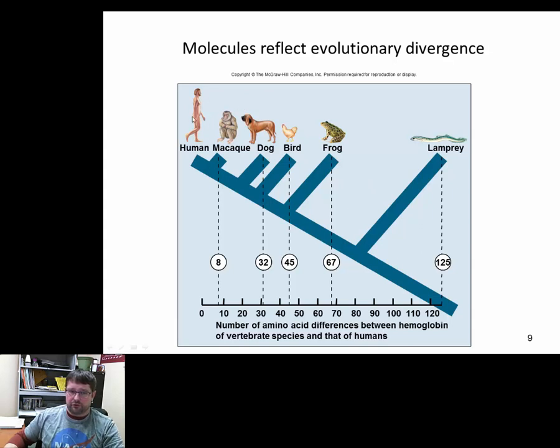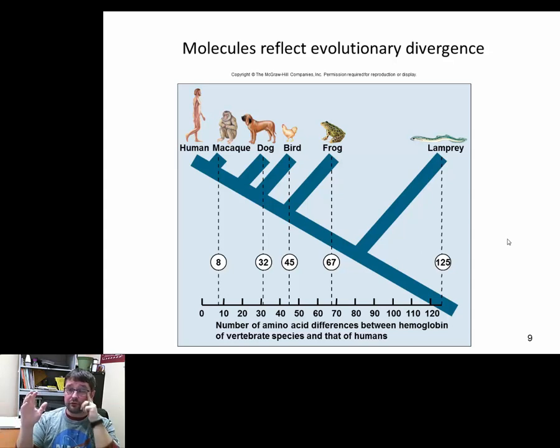Mammals are closer to humans than birds. Birds are closer to humans than frogs. Frogs are closer to humans than fish. And it really shows this evolutionary divergence of hemoglobin molecules. And we can do this with lots of different proteins. All proteins will show similar traces if they have the capability to have evolved and changed.